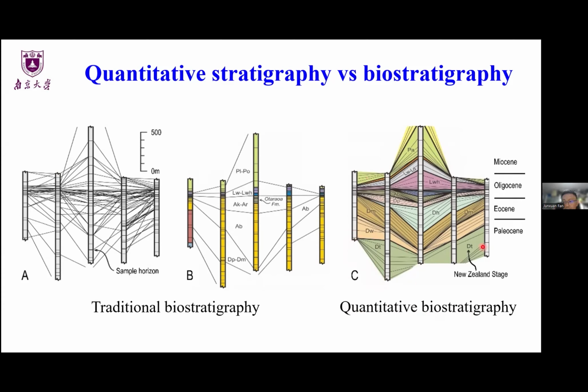After such an adjustment, you can see that the order of all the first appearance and last appearance events becomes quite consistent among different localities, because they keep all the taxa information during the calculation, so they keep the same temporal resolution as the original data. That's why the temporal resolution of quantitative stratigraphy can be 10 to 100 times better than traditional biostratigraphy.